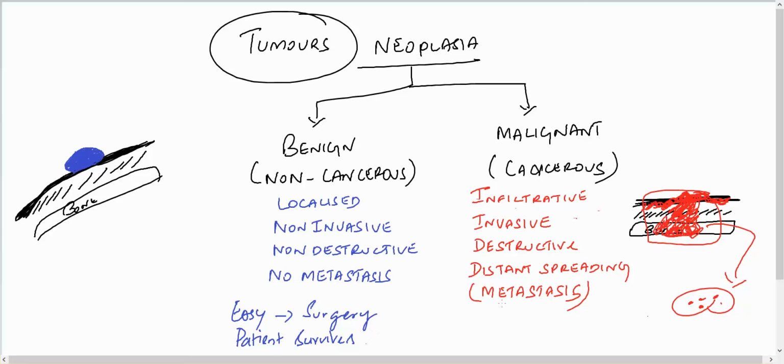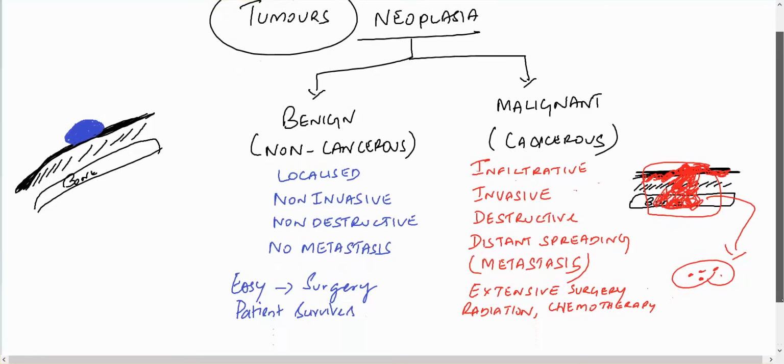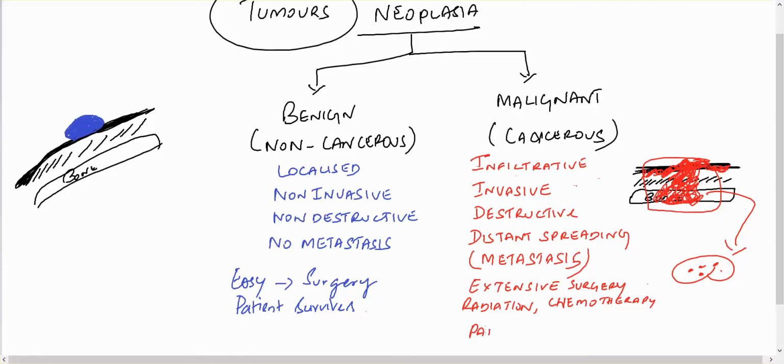Whereas in the malignant they need extensive surgery, and they need aggressive treatment like radiation and some chemical drugs we call chemotherapy, and the patient survivability is affected.